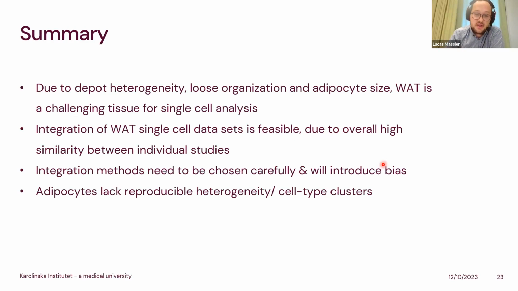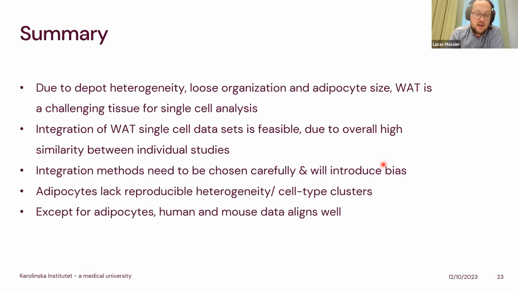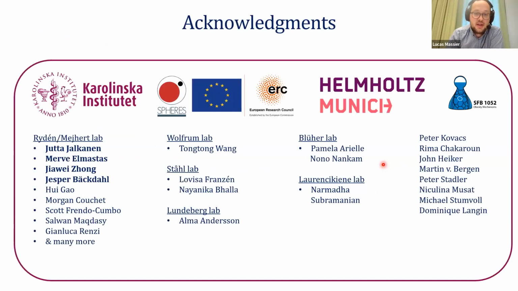Adipocyte clusters lack reproducible heterogeneity or cell type specific clusters. And except for the adipocytes, human and mouse data aligns fairly well. With that, I'd like to thank you for your attention, and I'm happy to answer any questions.